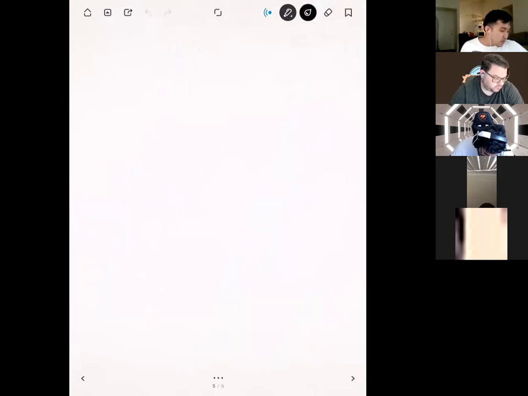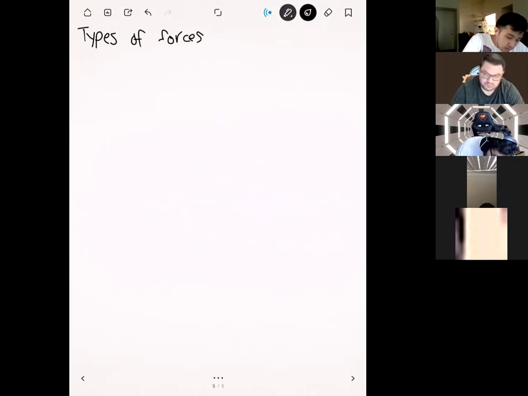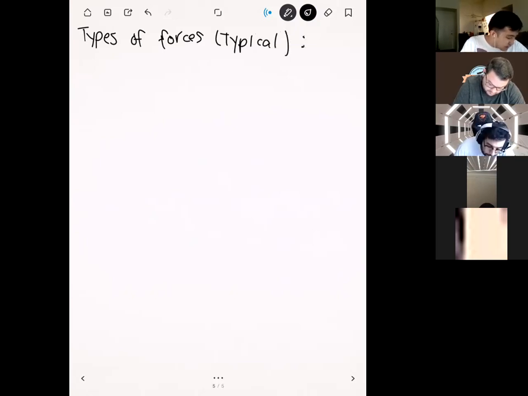Before we do an example, I also just want to mention the typical types of forces that can cause these changes. Of course, there are more forces than these, but for most of the things in the class, this is what we're going to be dealing with.